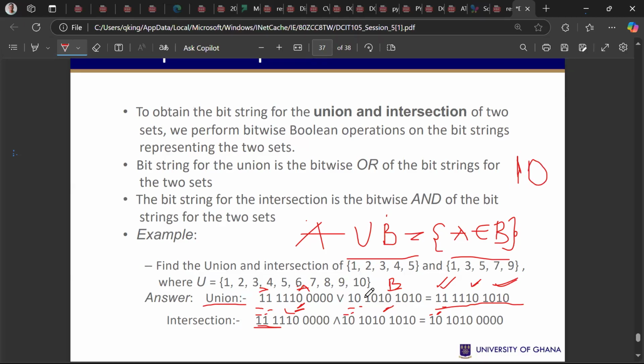So in finding the union of these sets, we are given 1 to 5, and because 1 to 5 is present in the universal set, it is represented by 1, and the remaining, which is 6 to 10, is not found in set A, so that is represented by 0.